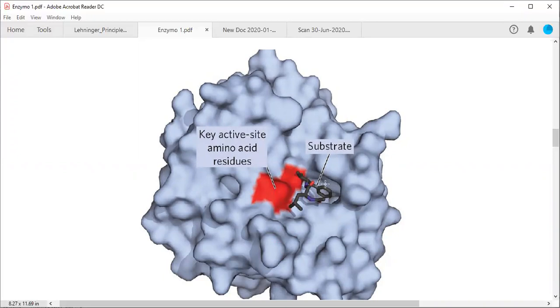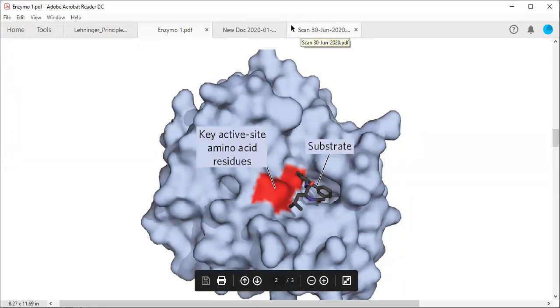So that's how it is able to decrease the activation energy of the reaction.